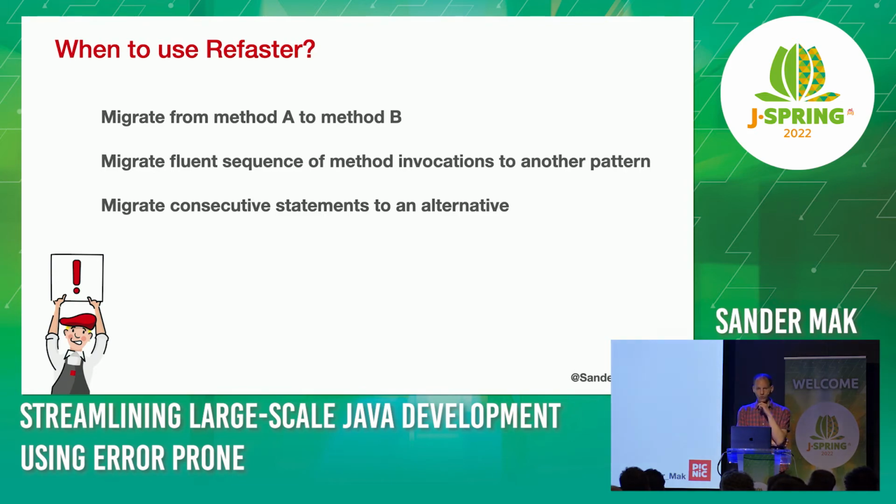So when would you use Refaster? I gave a lot of examples, right? Usually when there's a newer or better version of a certain API invocation, that's a really good use case to write this Refaster rule and to do this migration automatically. You can also use it to migrate a sequence of statements, as I showed.